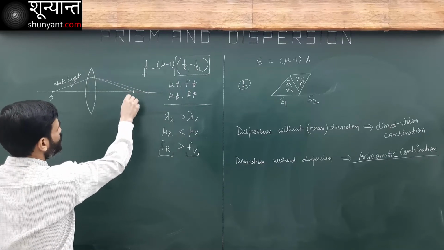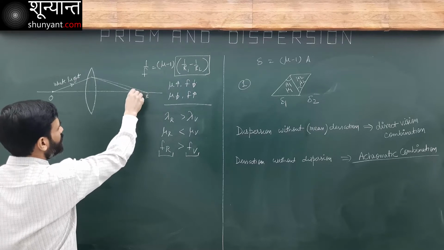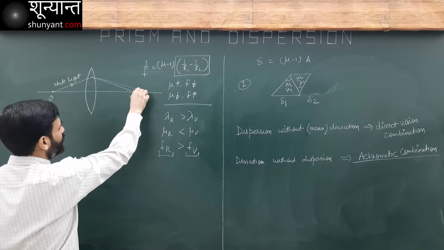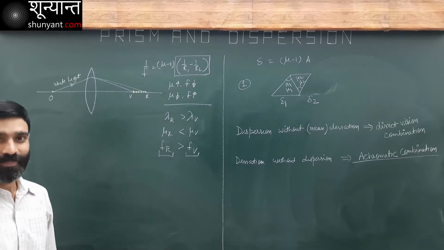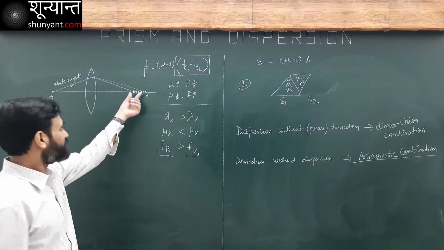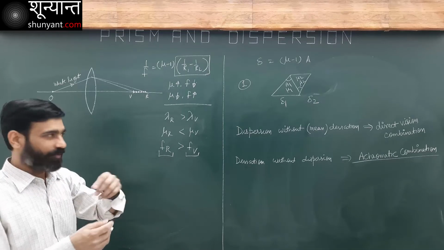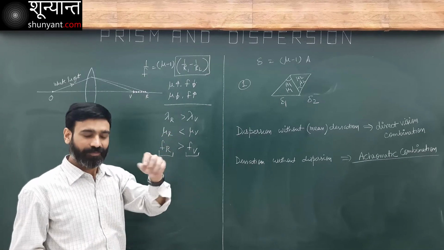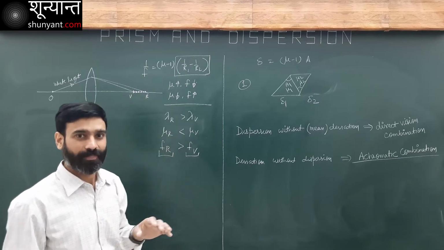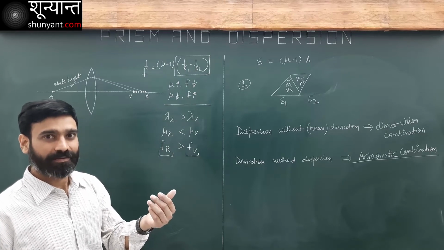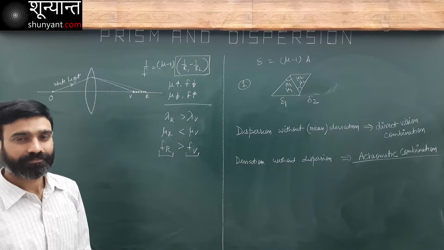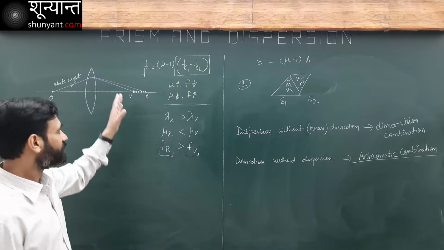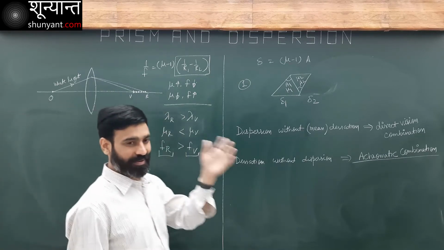This will be violet and this will be red, and in between I will have all the colors. Of course there is not much separation because the difference is very, very small, but still there is a difference. The colors are going to be focused at different points, so I am getting 7 images.